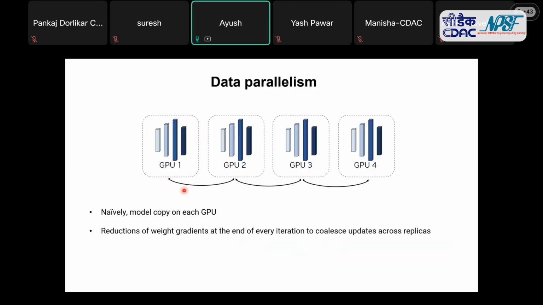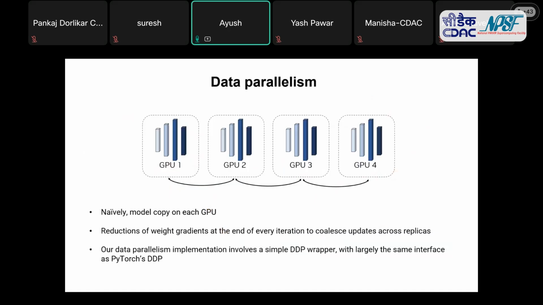So at the end of each iteration, you average the gradients of whatever model copies you have across the data parallelism value, and then you broadcast the average value to all the model copies, such that all the model copies are in sync with each other.